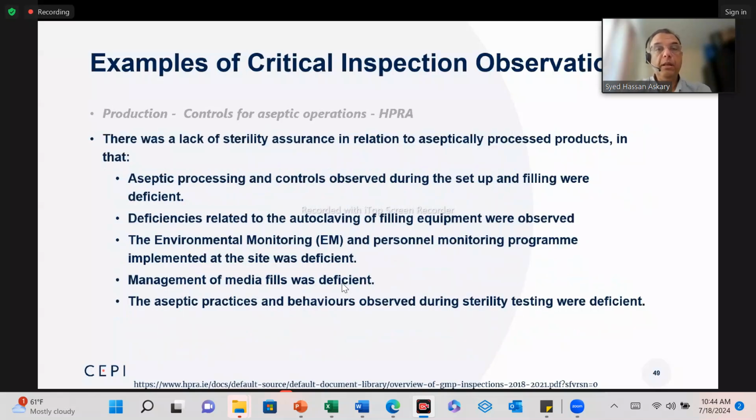Among the critical inspection observations highlighted in the production area are controls for aseptic operations, basically aseptic processing, deficiencies related to the autoclaving of filling equipment, the environmental monitoring and personnel monitoring program, and media fills management.